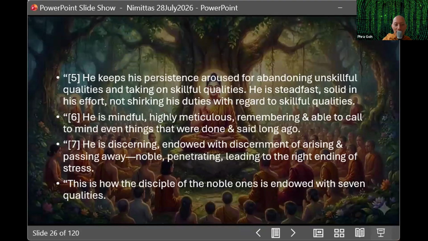Then number 6, he is mindful, highly meticulous, remembering and able to call to mind even things that were done and said long ago. So number 6, we call this the circular mindfulness, worldly mindfulness. So down here is important in this case.